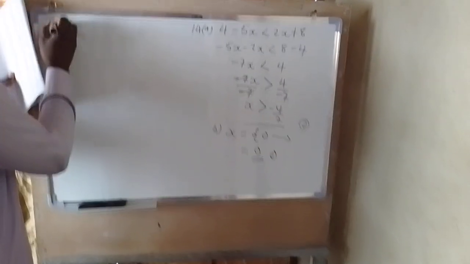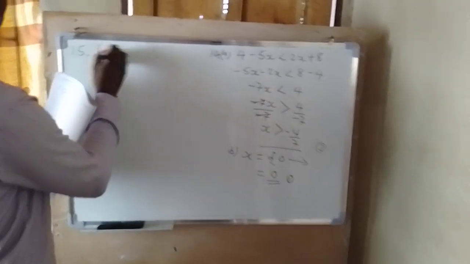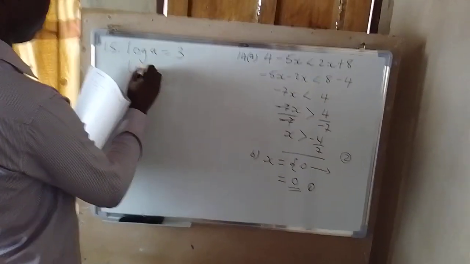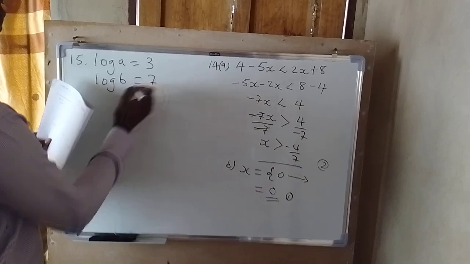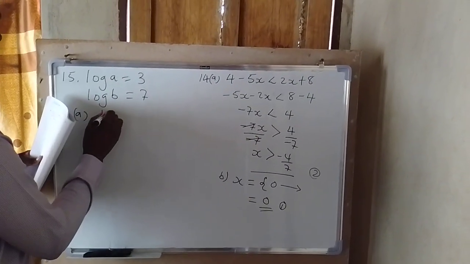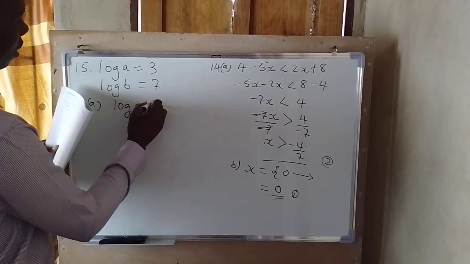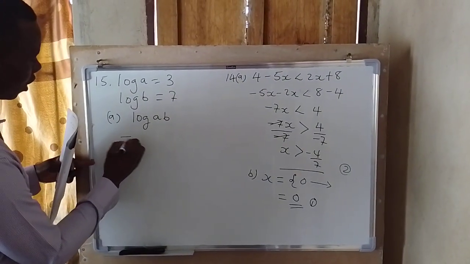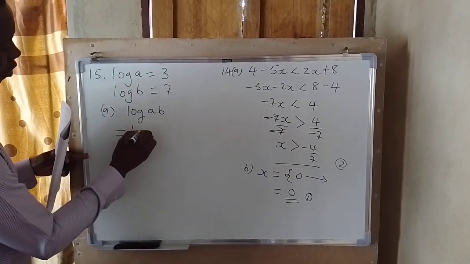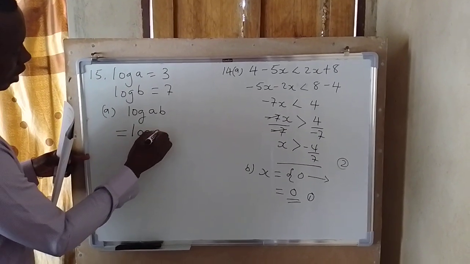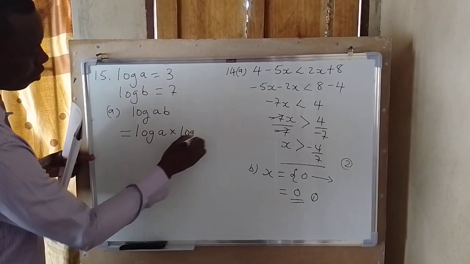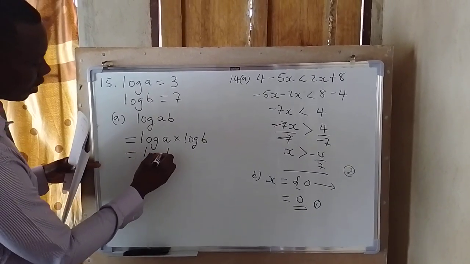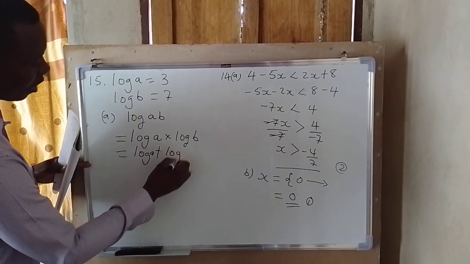Now, log A is equal to 3. Log B is equal to 7. Now for us to simplify log AB, log AB is the same as log A plus log B. When we multiply, we add.